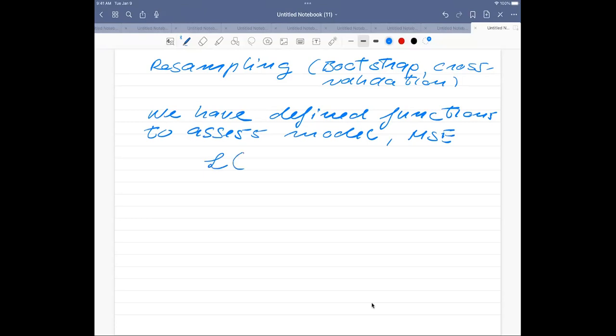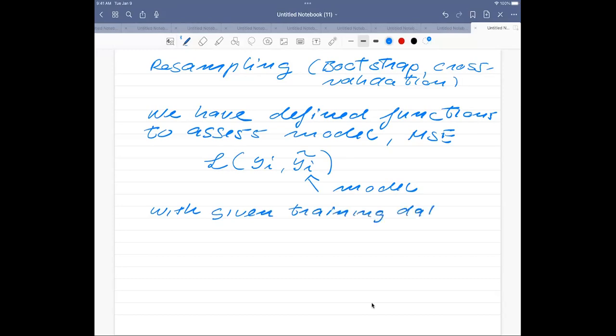Then we could say that we have a data set, y of I, and then we have some y of I tilde, where this y of I tilde is the model which we are having. Ideally, we would like to have, with given training data, which we call T of I for this specific model, where I stands for a specific data set.